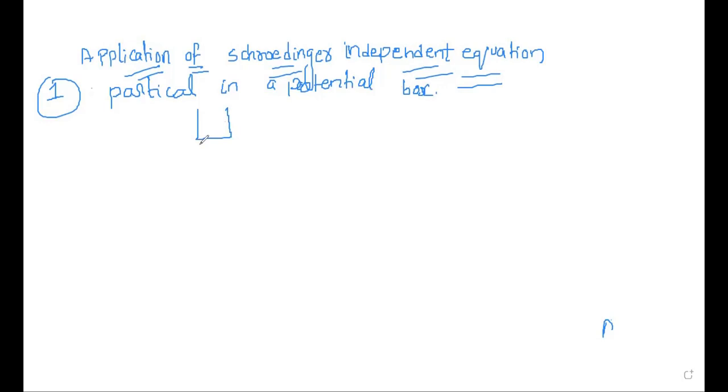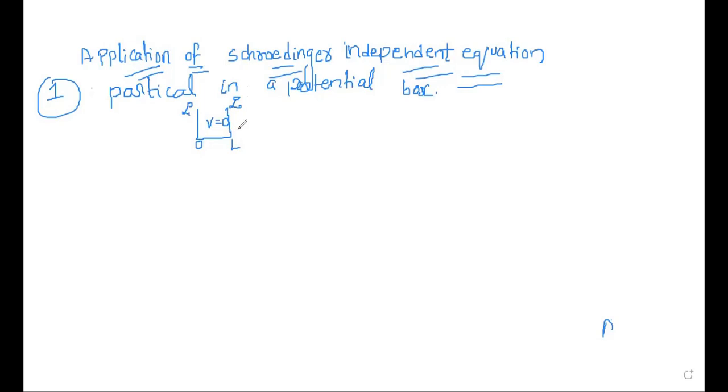Let us consider this potential box, having a minimum value of 0 and a maximum value, the width, of L. The limits of this potential box are infinity, and the potential inside the box will be equal to 0.